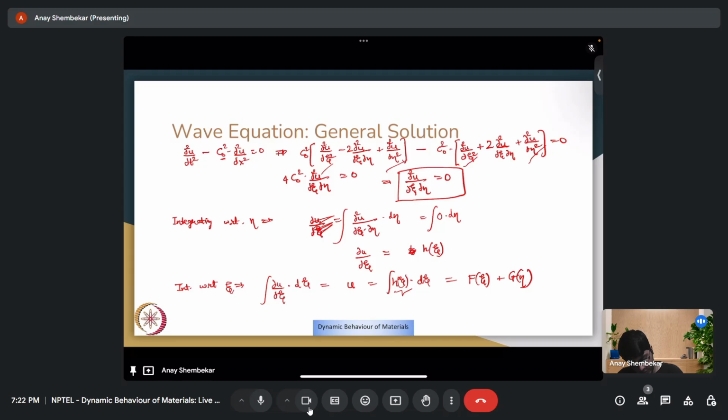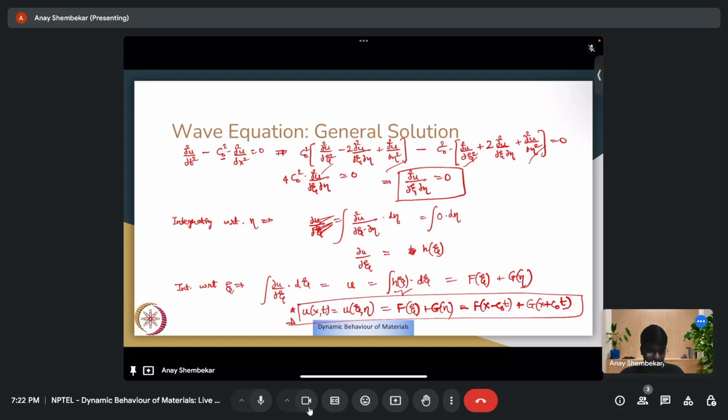So your overall solution looks like u of x,t is u of theta, eta, which is capital F of x minus c naught t plus capital G of x plus c naught t. This is how your general solution looks.